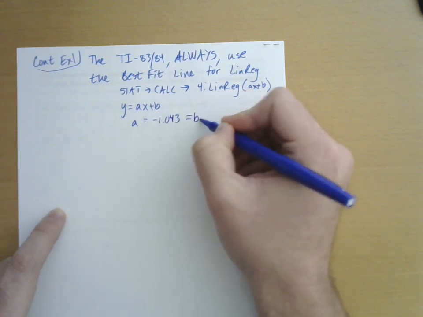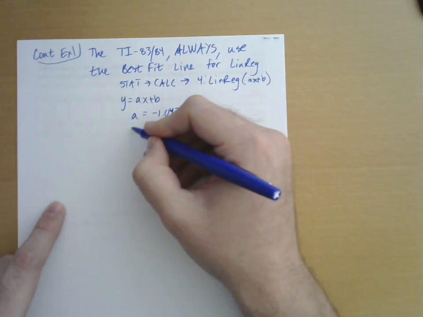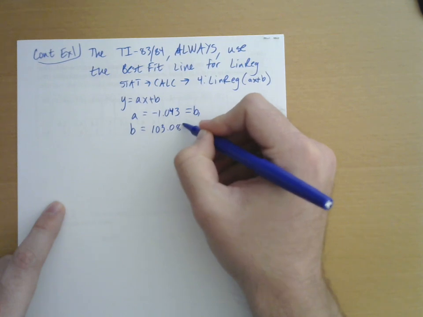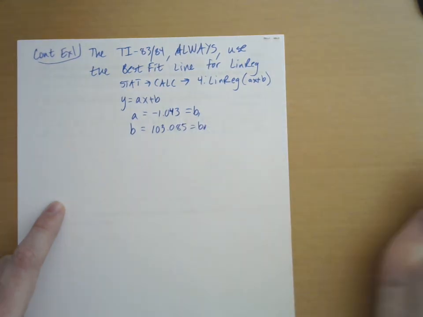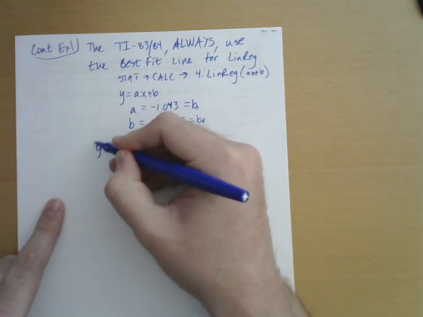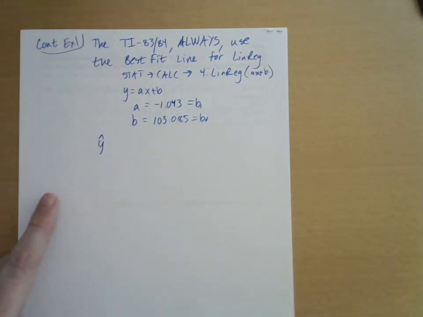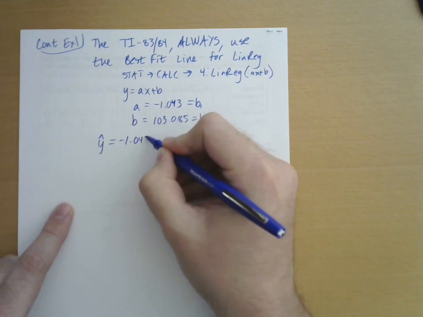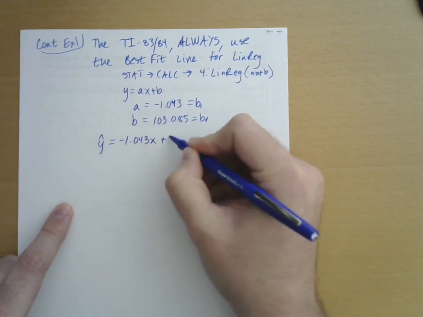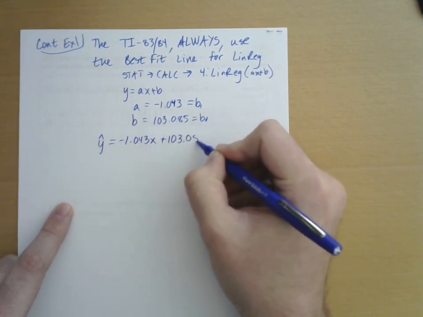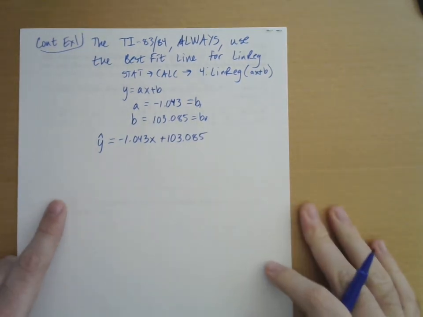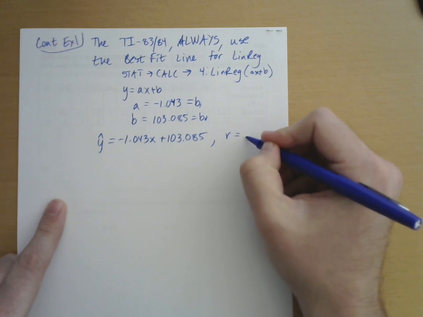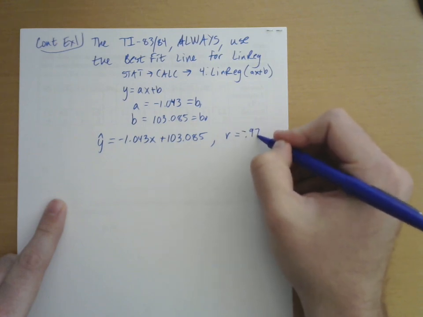This is that b1 from our formula, and b is 103.085. This is that b naught from our formula. So our least squares linear regression line is y equals negative 1.043x plus 103.085. And we're going to note that the r value it gives us here is negative 0.9775.